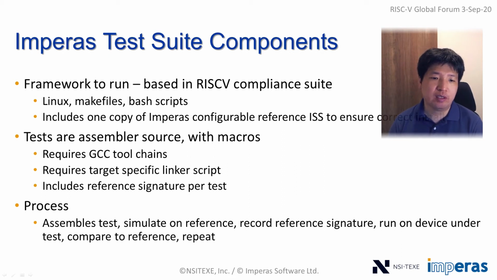The test process begins with the test assembly, followed by the simulation on the ISS, recording of the output signature, execution on the target device, and signature comparison. This process is repeated for each test.